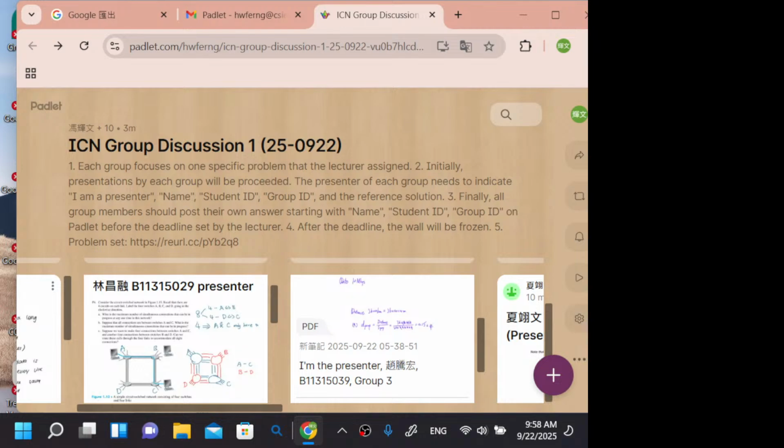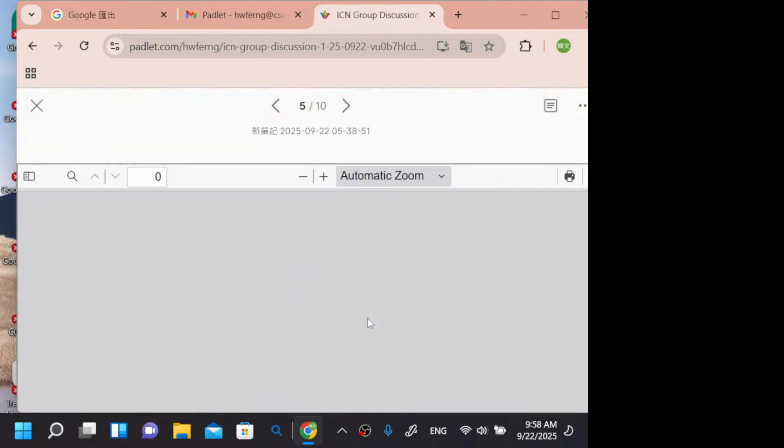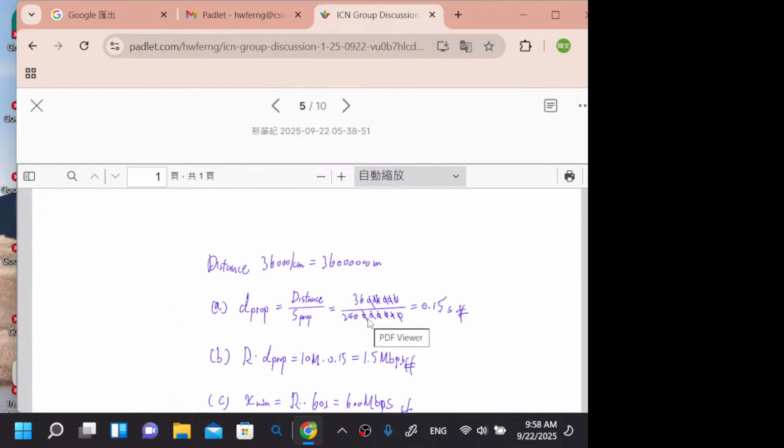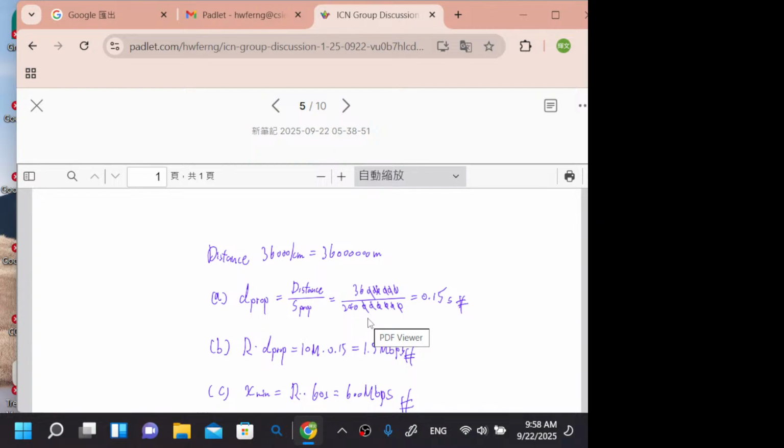Maybe next time you can mention your English name as well. Okay, so Teng Hong ready? Maybe just some of the answer, because Group 4 will have the other presentation. You hold it, show it, and this one as well. Just part of the answer is fine, because another part will be explained by someone else.